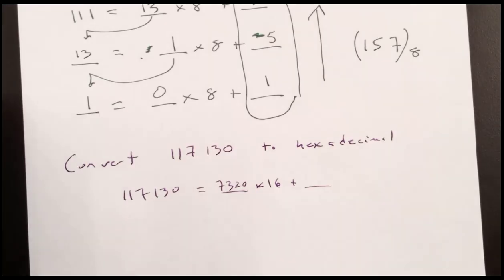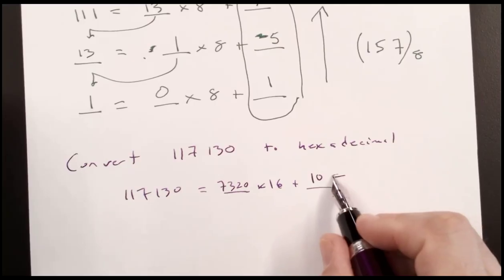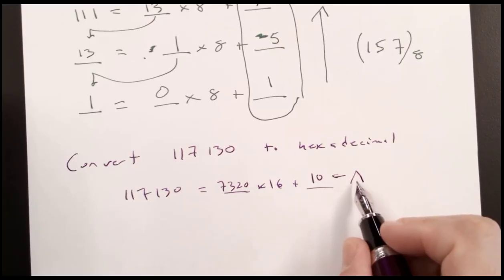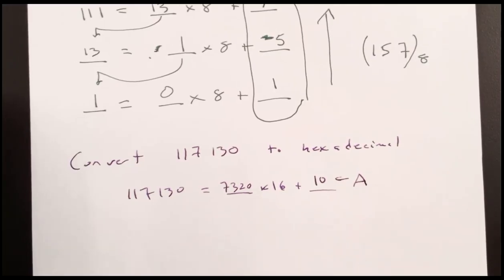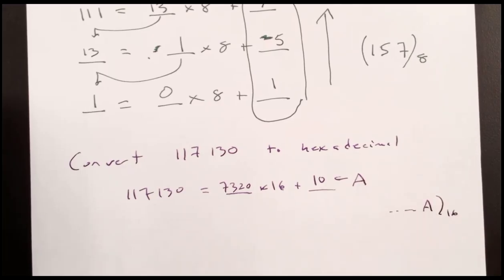And you get 10, right? That's my remainder. Wait a minute. I need a single symbol. What should I write instead of 10? A. The rightmost digit of my number is A.